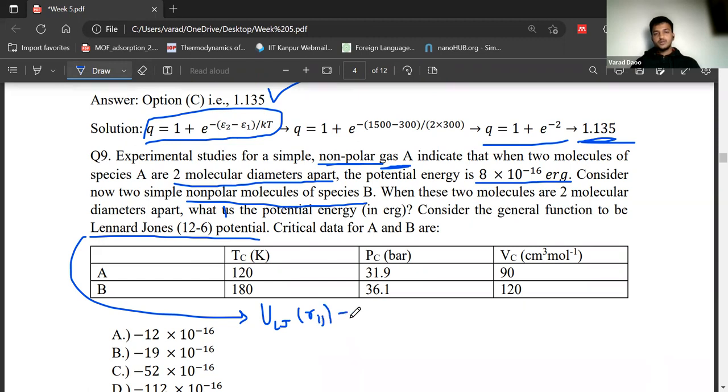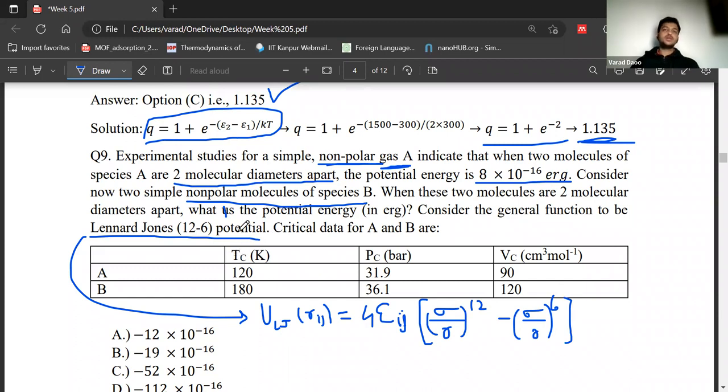It is 4 epsilon_ij times sigma by r to the power 12 minus sigma by r to the power 6. So critical data has been given.